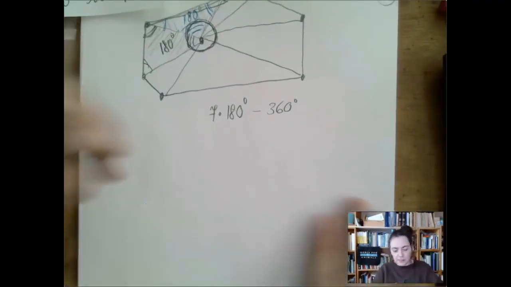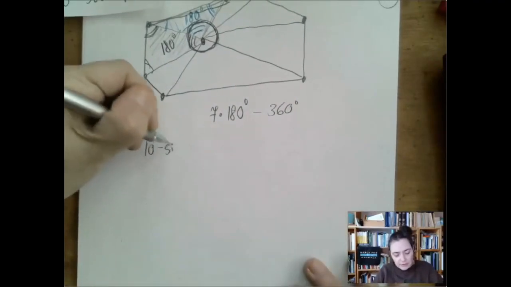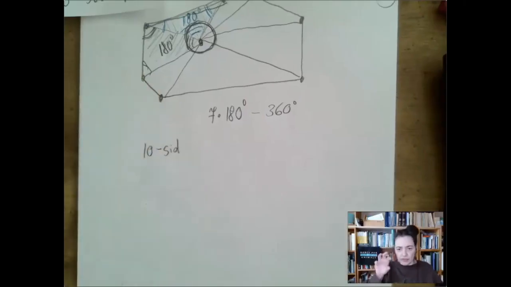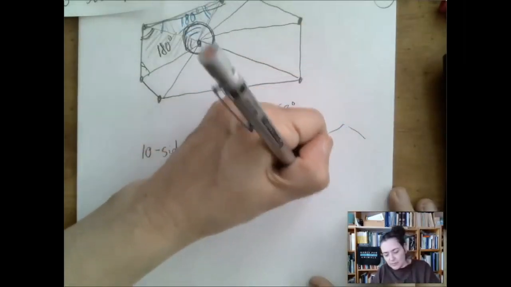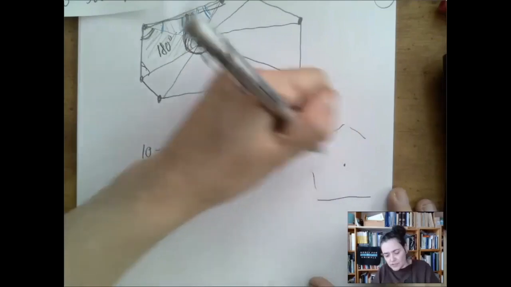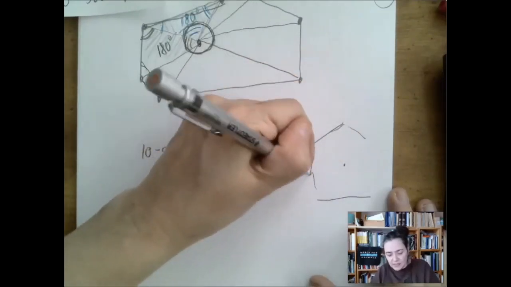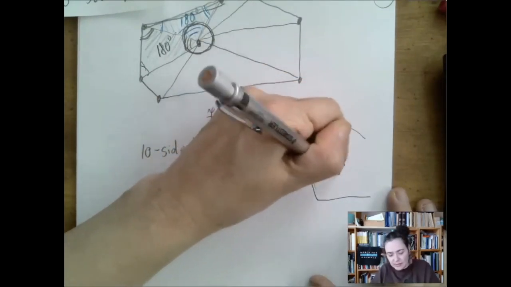So for a 10-sided polygon, maybe we don't have to draw it, but we can imagine that we throw in a point in the middle and we triangulate that thing, right? If the thing is not regular, there is no center per se.